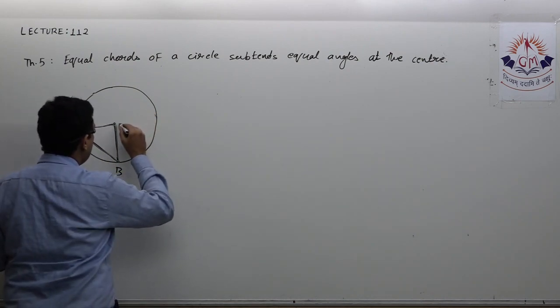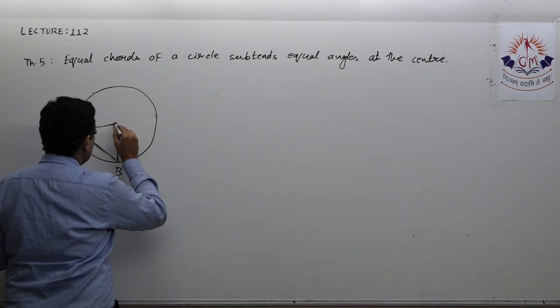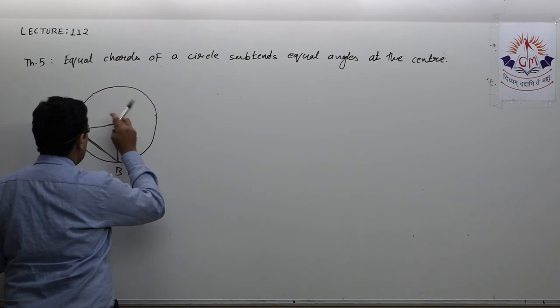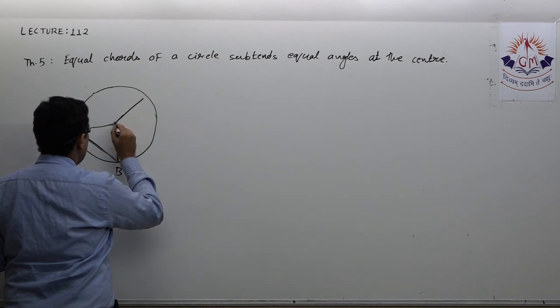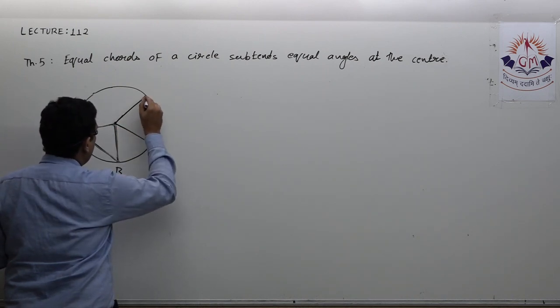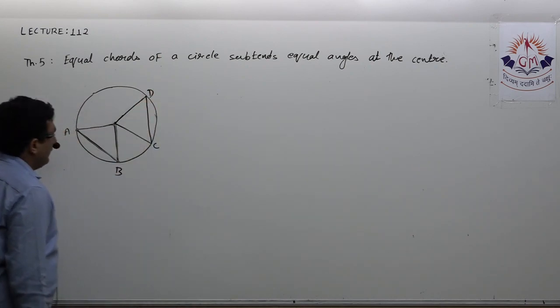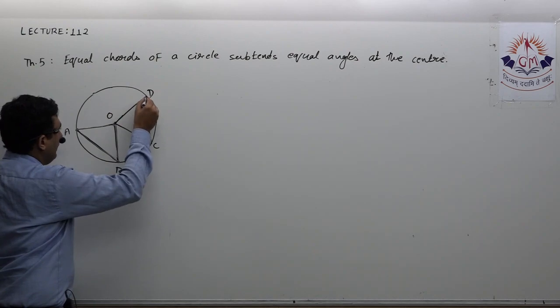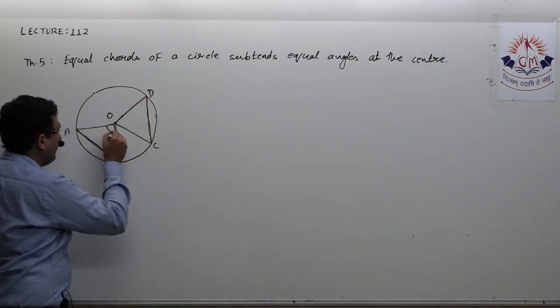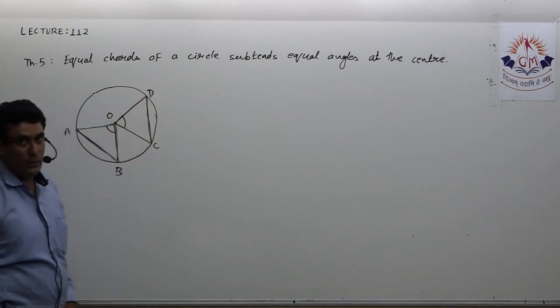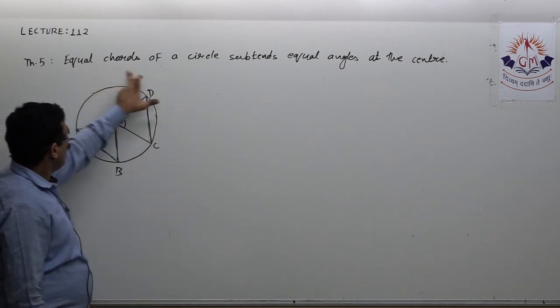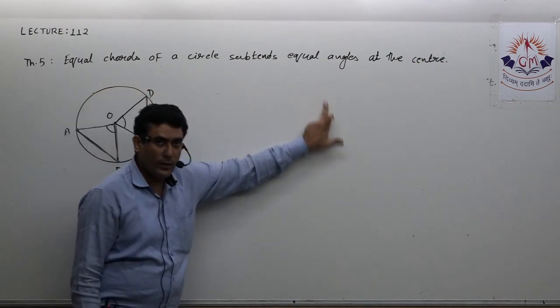Now suppose I take another chord CD in this way. Then if AB and CD are equal, according to this theorem, these two angles must be equal. The theorem says equal chords of a circle subtend equal angles at the center.